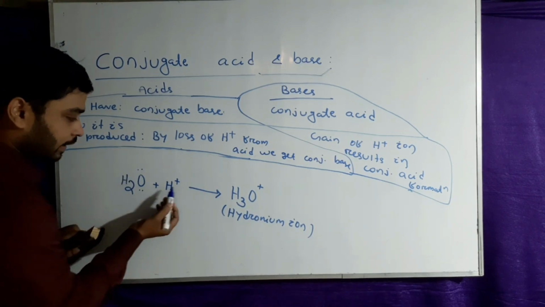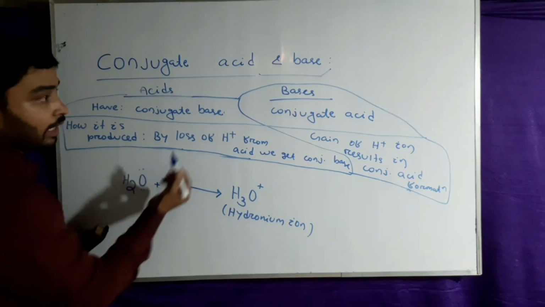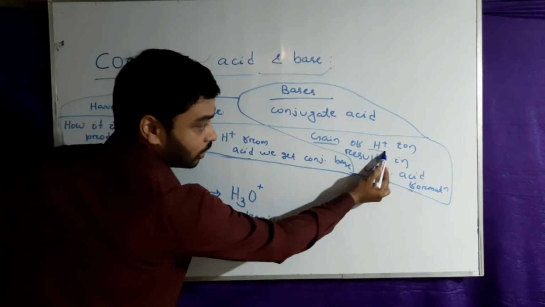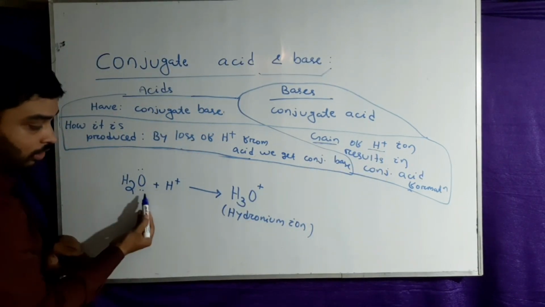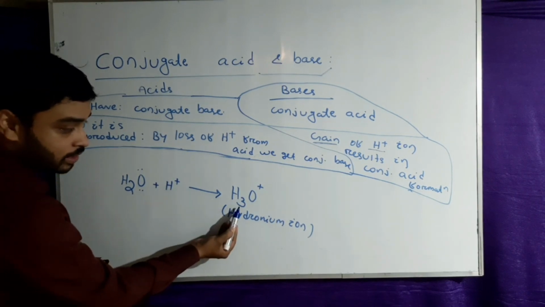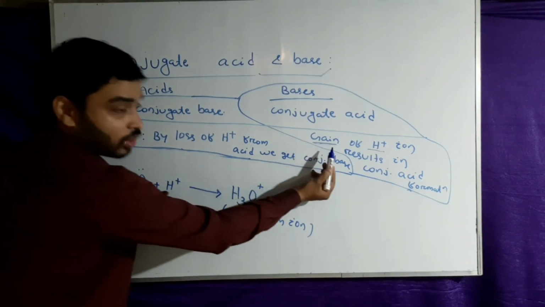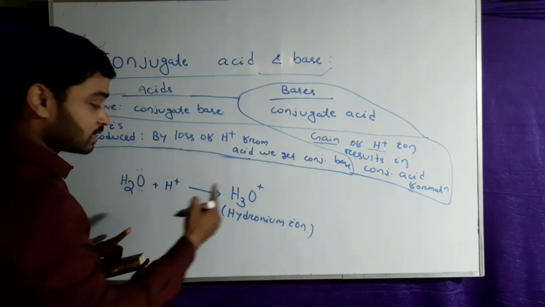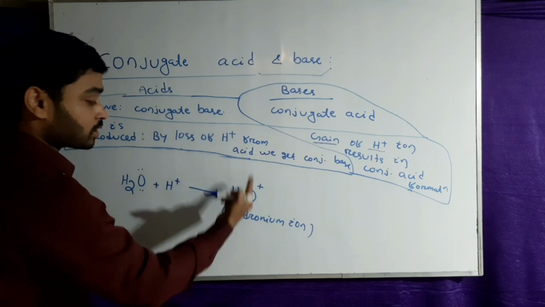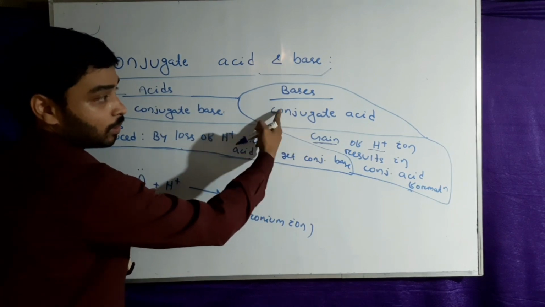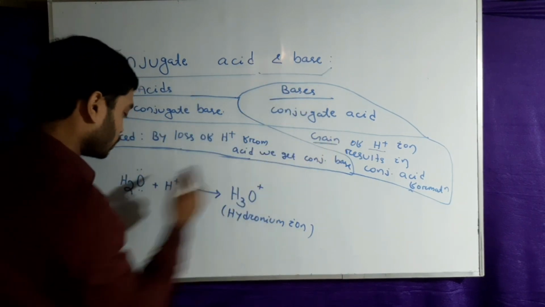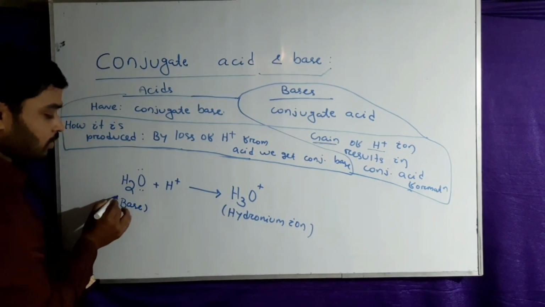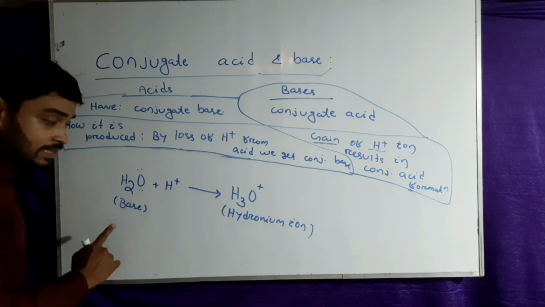So you know that any H plus receiver, that means where gain of H plus ion occurs, because 2 hydrogens are present here and 3 hydrogens are coming, so gain of H plus ion is occurring here. Where gain of H plus ion occurs, all the H plus ion receivers result in the formation of conjugate acid. So this compound which receives the H plus ion will act as a base.